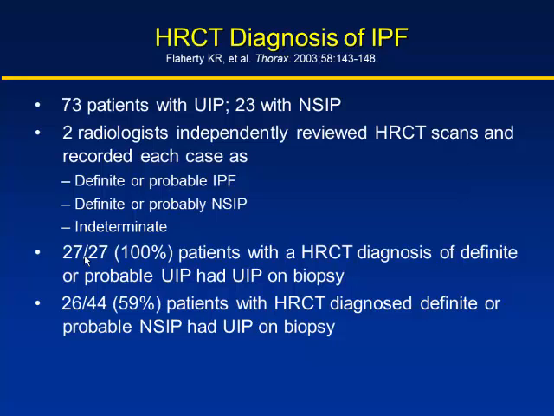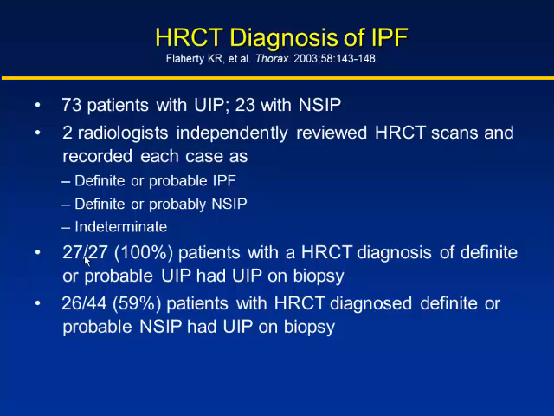Now, okay. Just to go further into the biopsy question, a study done out of Michigan a while back looked at diagnosing IPF using CT alone. They had 73 patients that had UIP and 23 that had NSIP, and they independently reviewed the high-res CTs, the biopsies having already been done.